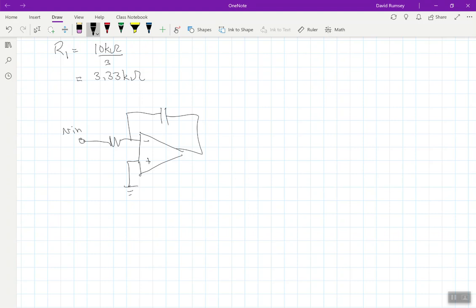And then you have another one where you have an op-amp circuit that looks like this. And one more here that I'll draw for you.